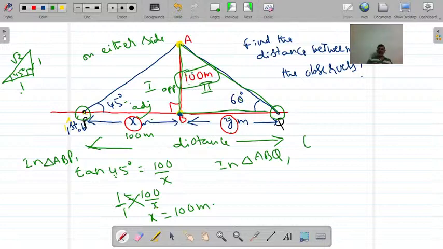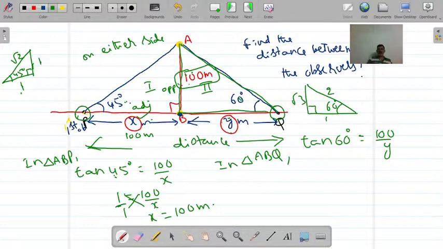So tan 60 is equal to opposite by adjacent. What is the value of tan 60? Again, because it is on the right hand side, you draw the triangle like this. This is 60, and we know that the ratio is 1:√3:2. So you have to connect opposite by adjacent: √3 by 1 equals 100 divided by y.